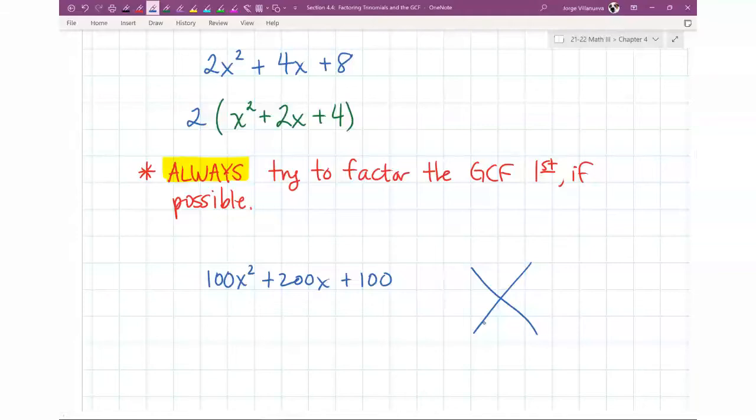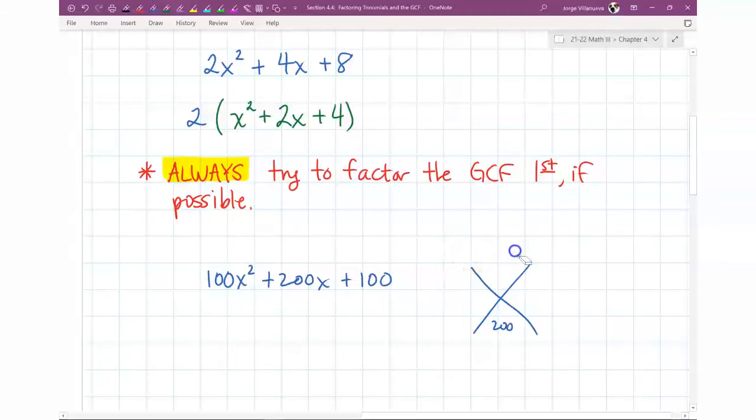Okay, so there's some familiarity. So what you're supposed to do is multiply the first and the last numbers. Well, what's 100 times 100? Well, that's 10,000, right? And then you're supposed to put the term in the middle, the 200, down here. And now your job is to say, okay, what factors of 10,000 add up to 200? That's hard. Okay, how am I going to do that, right?